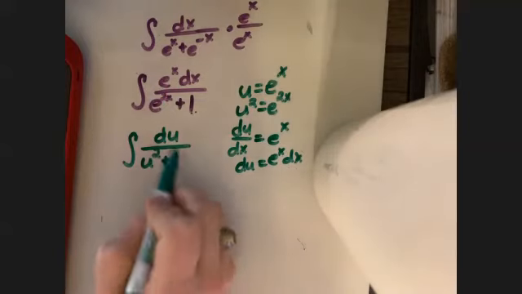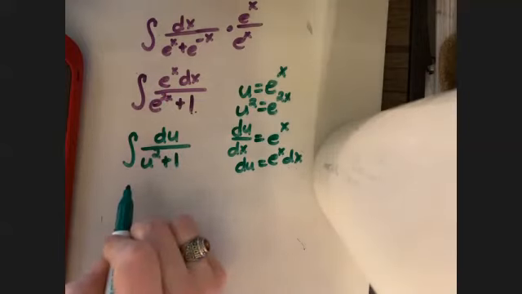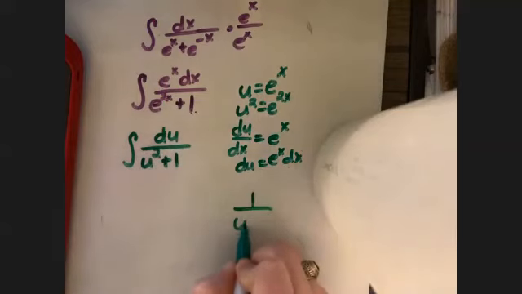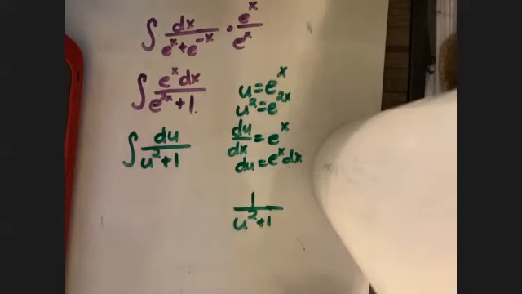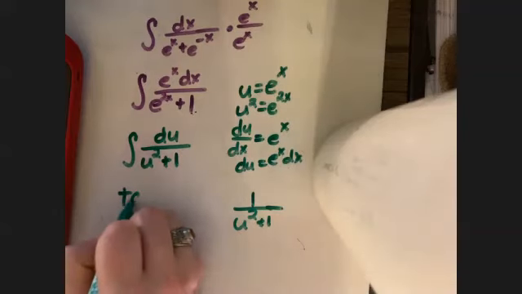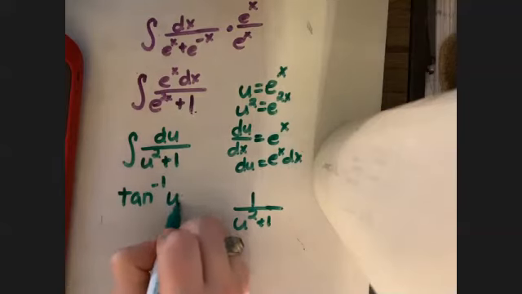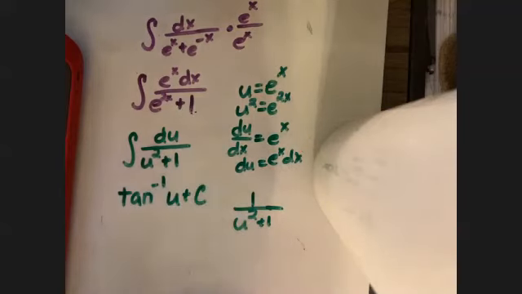This is the setup. It looks like 1 over u squared plus 1, which is the inverse for tan. So this actually goes back to tan inverse of u plus a constant.